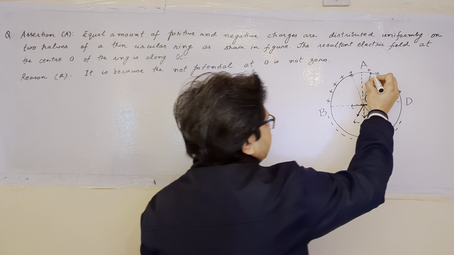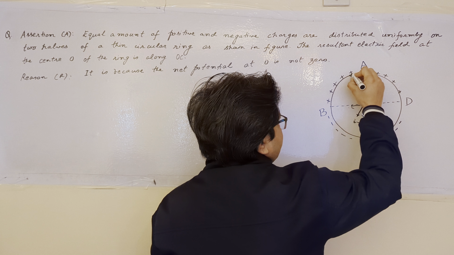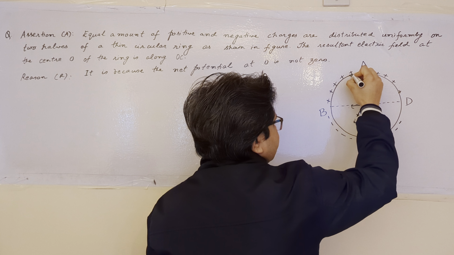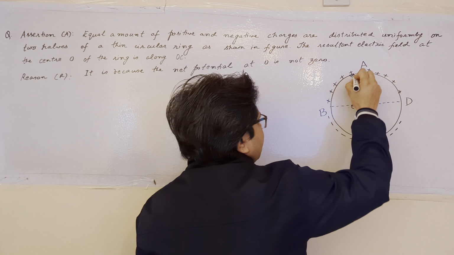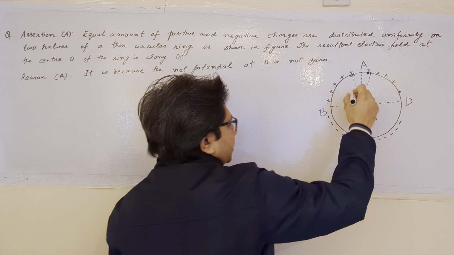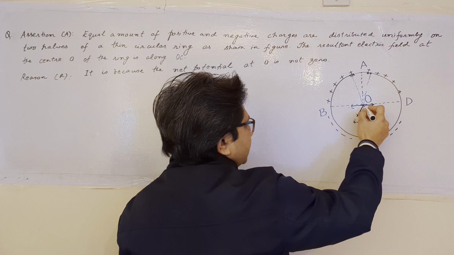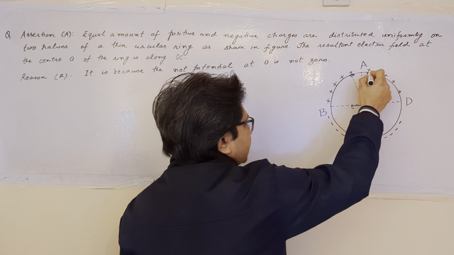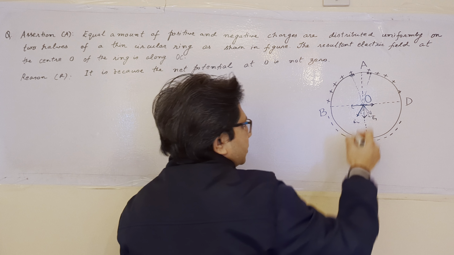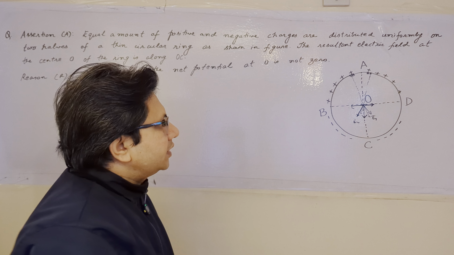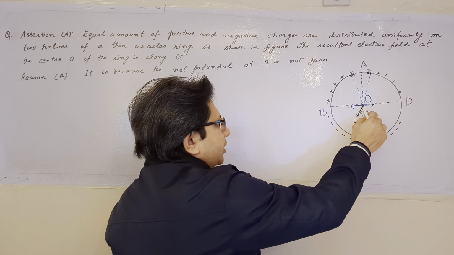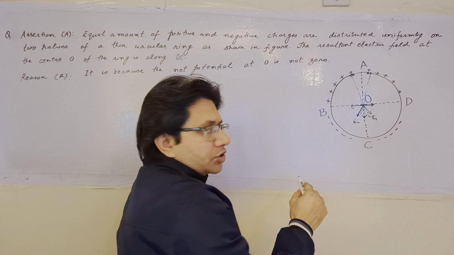Similarly, if we take another small segment, there is a corresponding segment at the same distance from A, and in the same manner we calculate the field for both segments. So we can see that the net field is also along the OC direction.